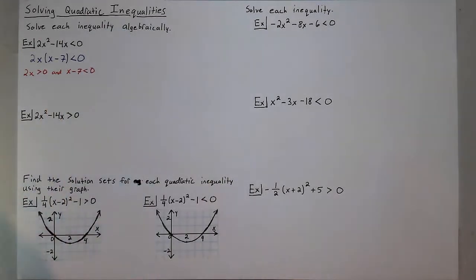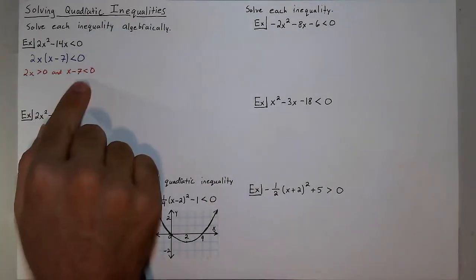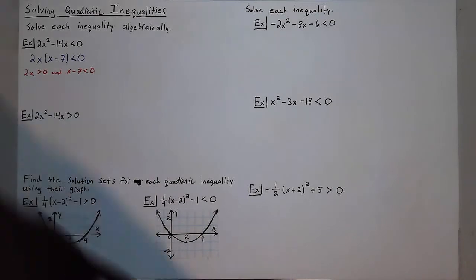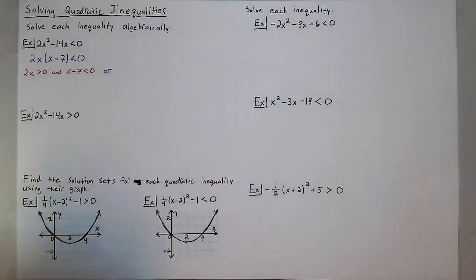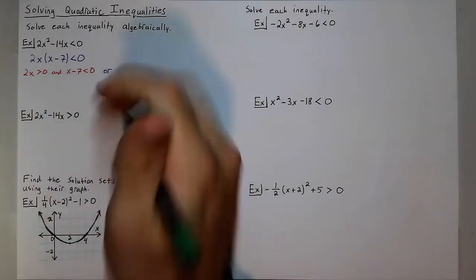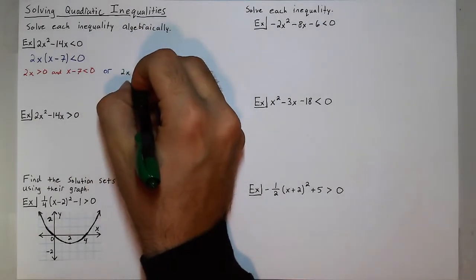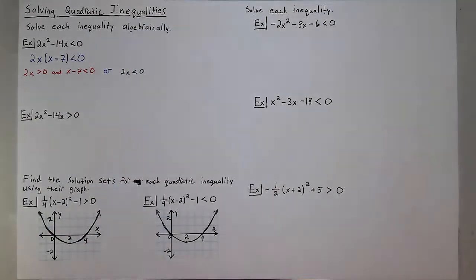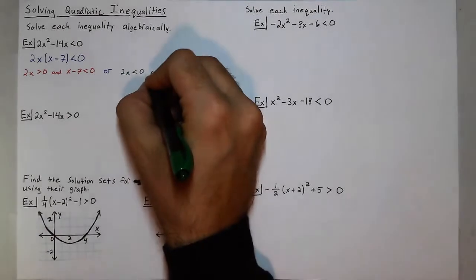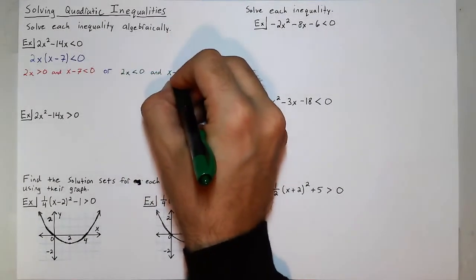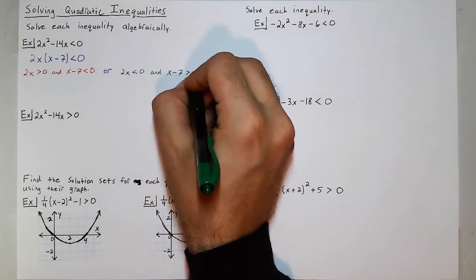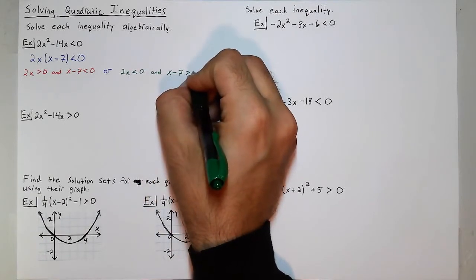In this way, we would get a positive times a negative, which would give me a negative overall. Or 2x could be a negative number, where it's less than 0, and x minus 7 will be a positive number. So this way a negative times a positive is a negative.